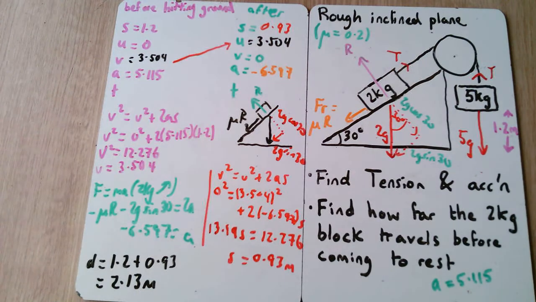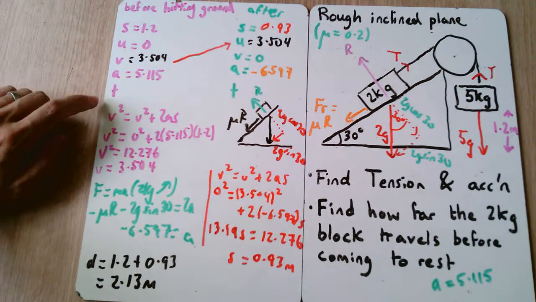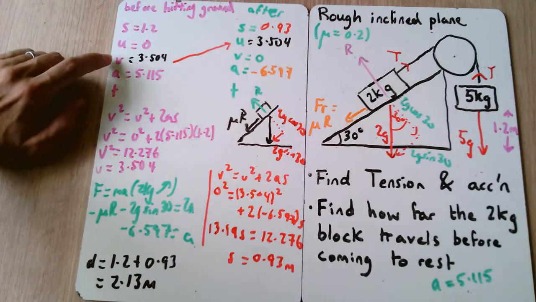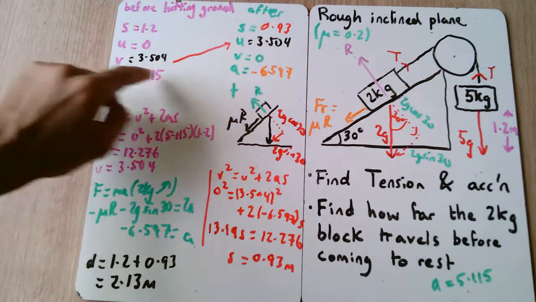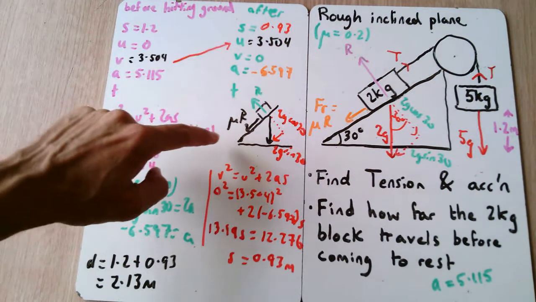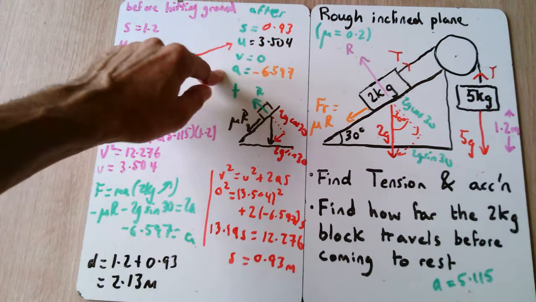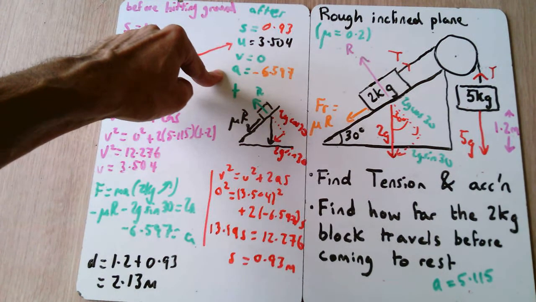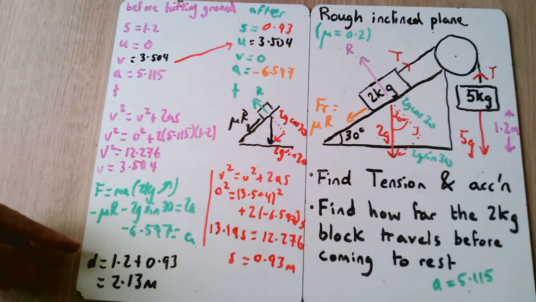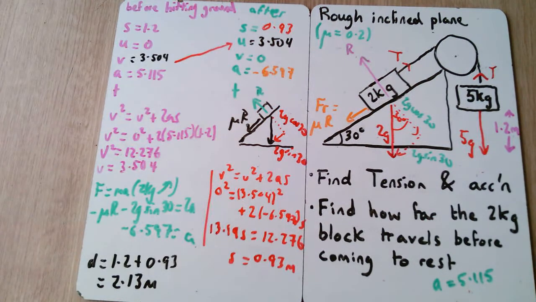So we can use SUVAT over here to work out the final velocity, which becomes the initial velocity over here, and then we definitely need to work out the new acceleration for the SUVAT afterwards. This is probably the thing which most people forget to do, to work out the new acceleration, and then from that again use your SUVAT to work out the final distance.